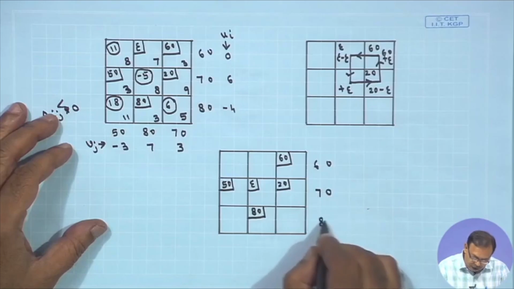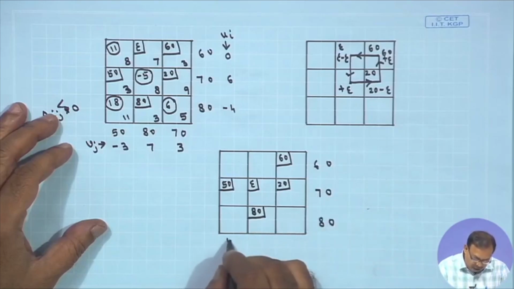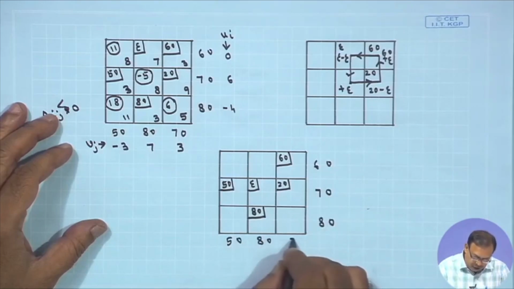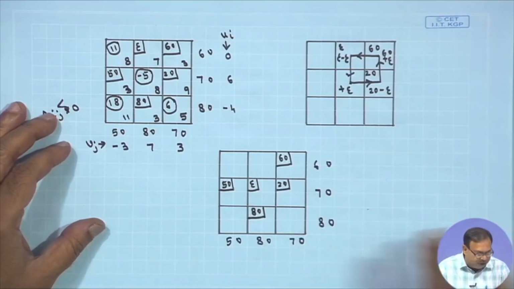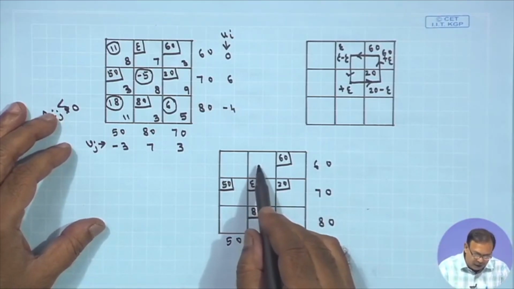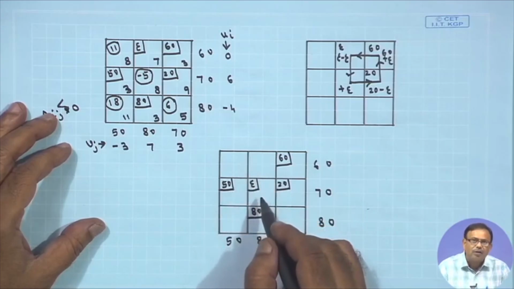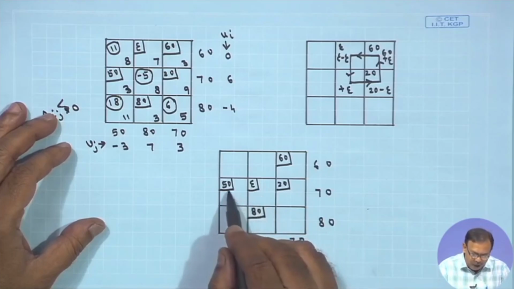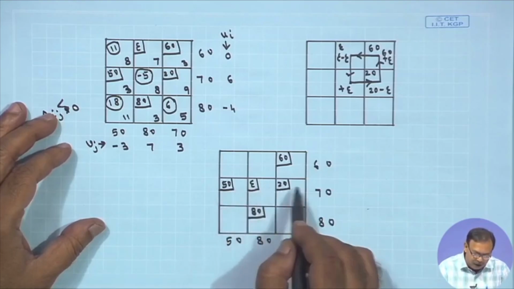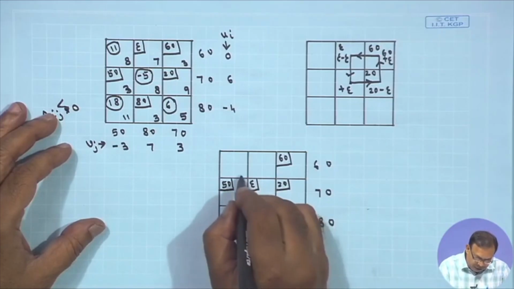So, here it is 60, 70, 80 and this is 50, 80 and 70. This is now becoming an unoccupied cell, and since this epsilon is very small, this 70 plus epsilon is equal to 70 only.